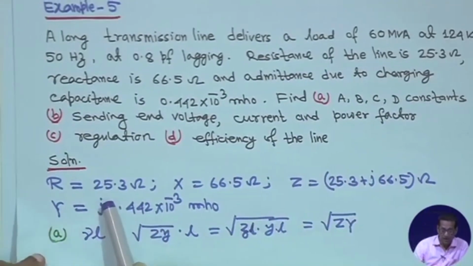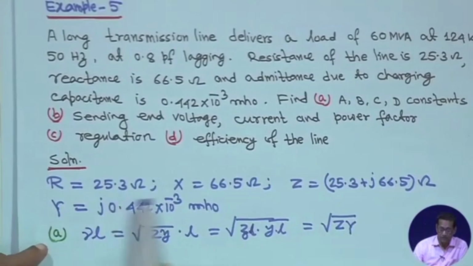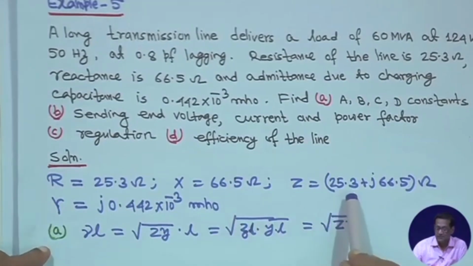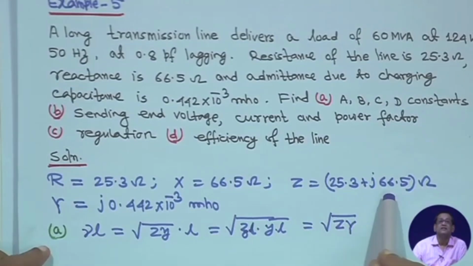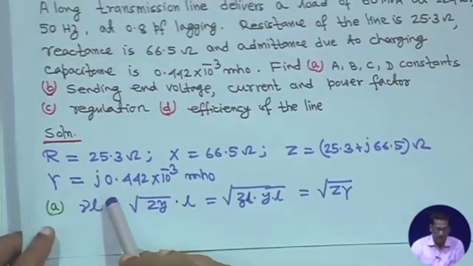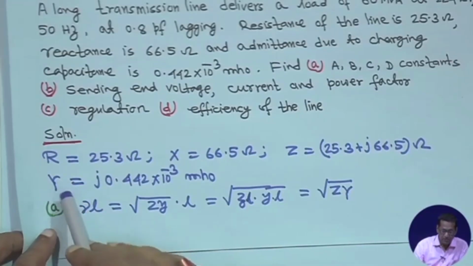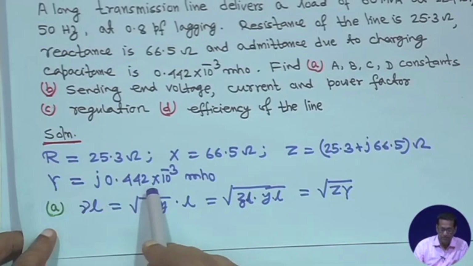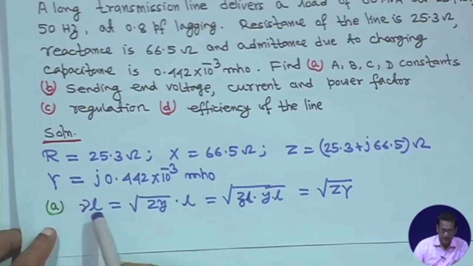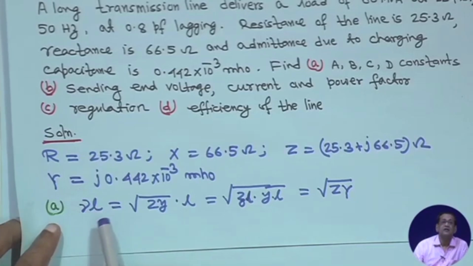Resistance is 25.3 ohm, X is 66.5 ohm, and hence impedance is 25.3 plus j 66.5 ohm, and the charging admittance Y is j 0.442 into 10 to the minus 3 mho.